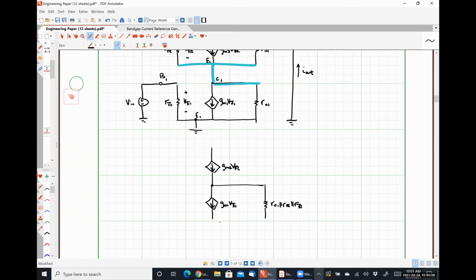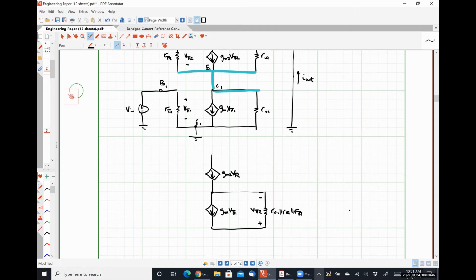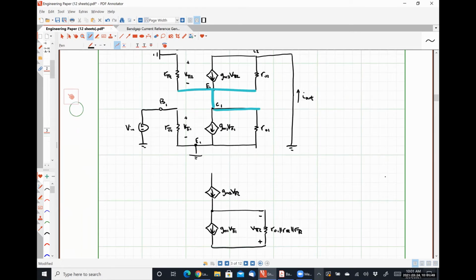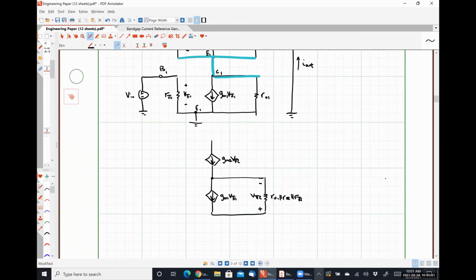Let me connect these. This voltage, positive polarity on bottom, negative polarity on top, is v pi 2, because that bottom node is ground, and the positive terminal of v pi 2 is connected at ground. Just to be super clear, this node is where collector 1 and emitter 2 are tied together.